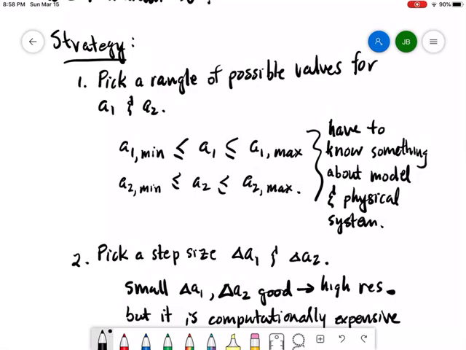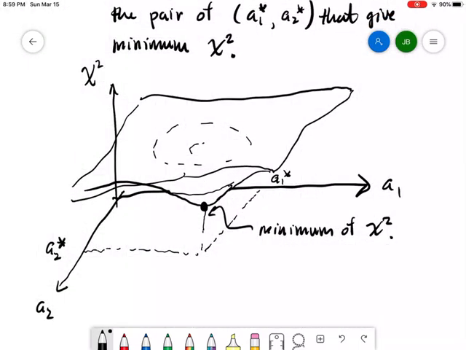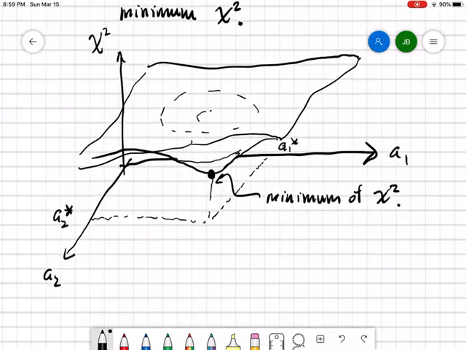And in order to pick a reasonable range of values, we need to know something about our model and our physical system. So for example, if we picked a range of values that did not contain A1 star and A2 star, then we have no chance of finding the true minimum. Okay.